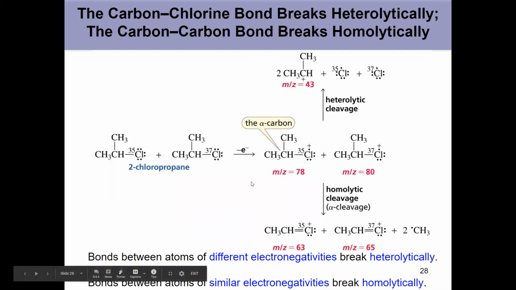Again, electron bombardment, we kick off a single electron off of chlorine here, be it chlorine 35 or chlorine 37. Right? If we lose a chlorine, then it was a heterolytic cleavage just like we saw before.